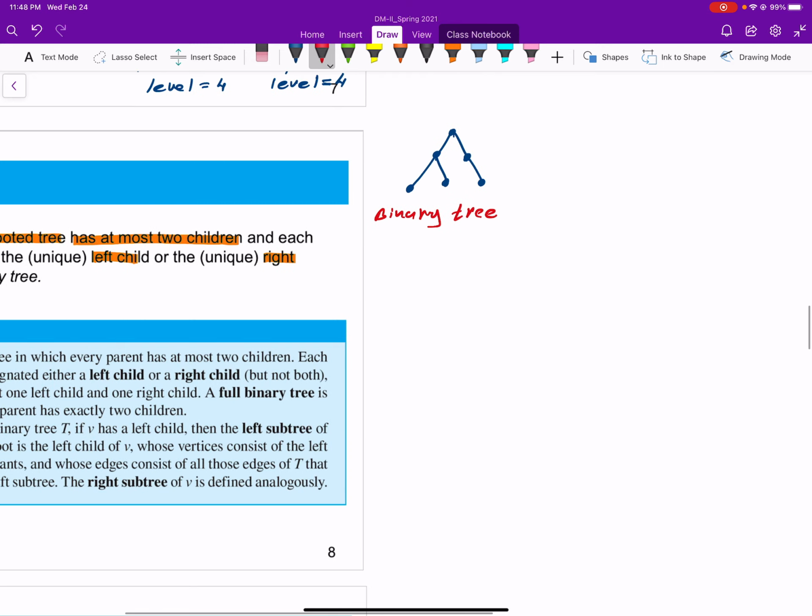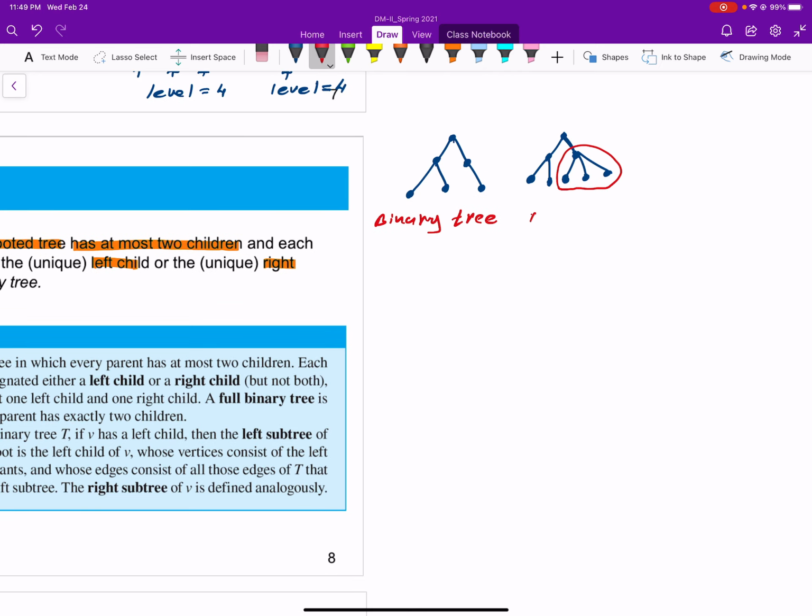Let me draw something else here. One node there, 1 node there, and 1 node here, 1 node here. This is not a binary tree because this has 3 children.